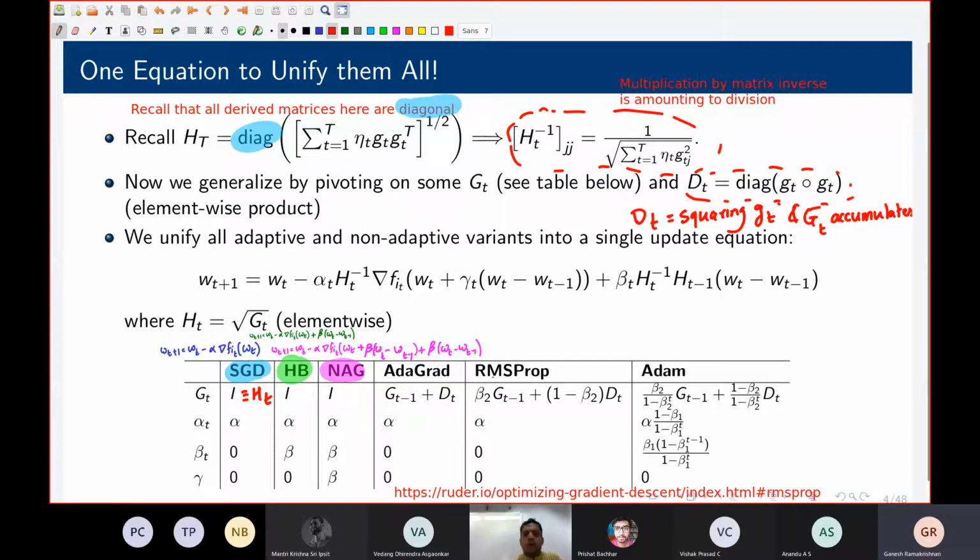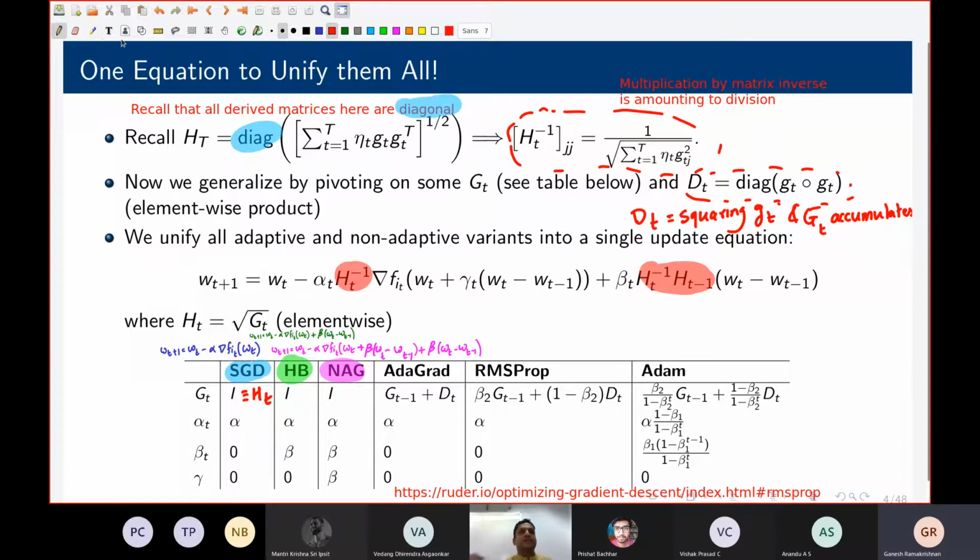So AdaGrad is where the adaptation of the learning rate is happening through the square, the curvature of the function, through the gradient square. As I said, DT square is being added to GT minus 1. And then the update. So then all of these start mattering. So far they didn't matter, but here, by virtue of HT being the square root of GT, this starts mattering, and so does HT minus 1. HT inverse into HT minus 1 we discussed in the last class.